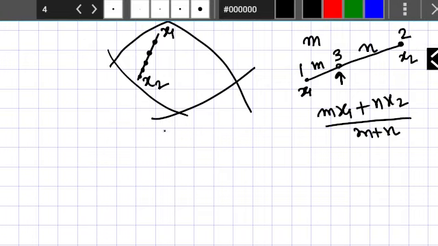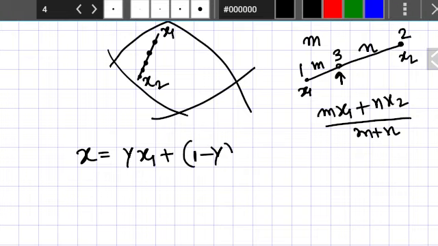So here we define that this way: x is equal to gamma x1 plus (1 minus gamma) x2, and the very important thing is that gamma must be less than or equal to 1, and it must be positive, or it may be 0.